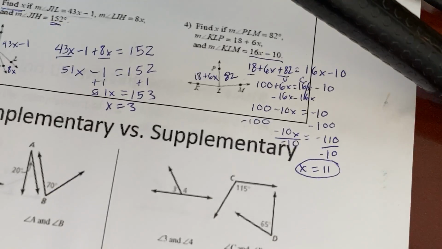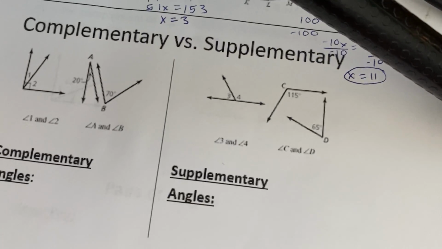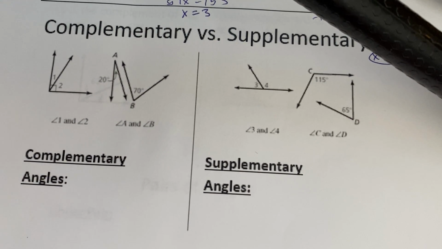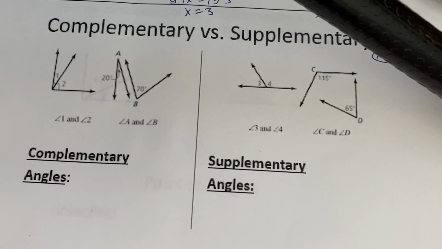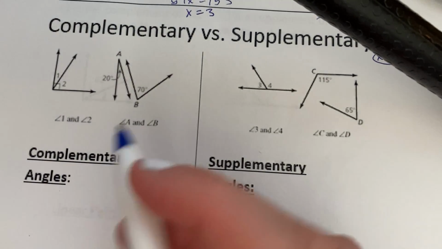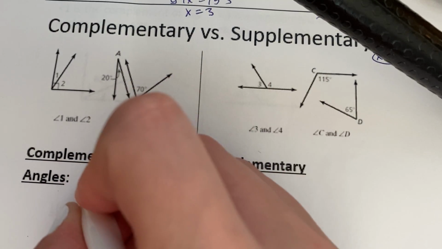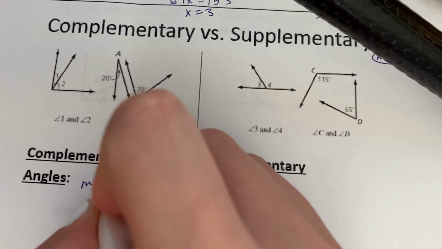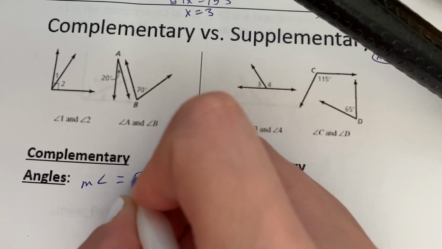There you go. All right, so we're going to talk about complementary versus supplementary angles. And hopefully this should be somewhat of a review, but complementary angles are angles whose measures add up to 90 degrees.